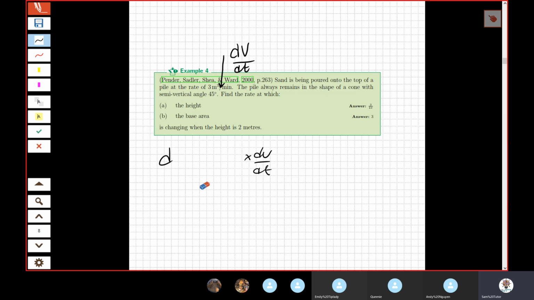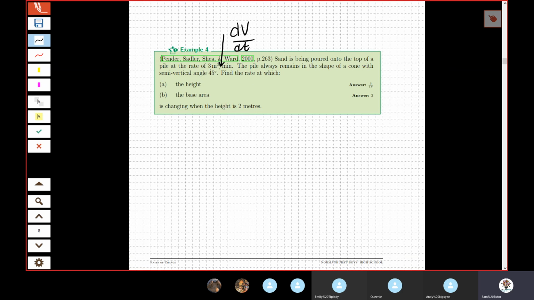You kind of get to learn that. Let's read it again. Sand is being poured onto the top of a pile at the rate of 3 meters cubed per minute. The pile always remains in the shape of a cone with semi-vertical angle 45 degrees. Find the rate at which the height is changing when the height is 2 meters.